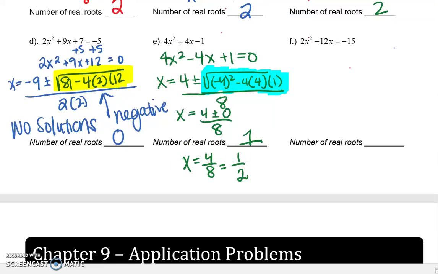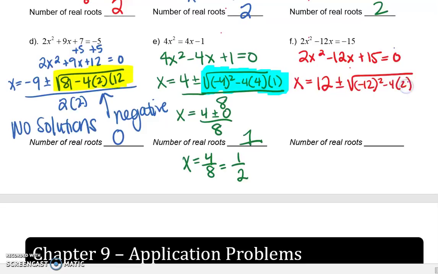Last problem, I have 2x squared minus 12x plus 15. When I move that over, equals 0. So I have x equals negative b, which is positive 12, plus or minus the square root of negative 12 squared minus 4 times 2 times 15, all over 2 times 2, which is 4.